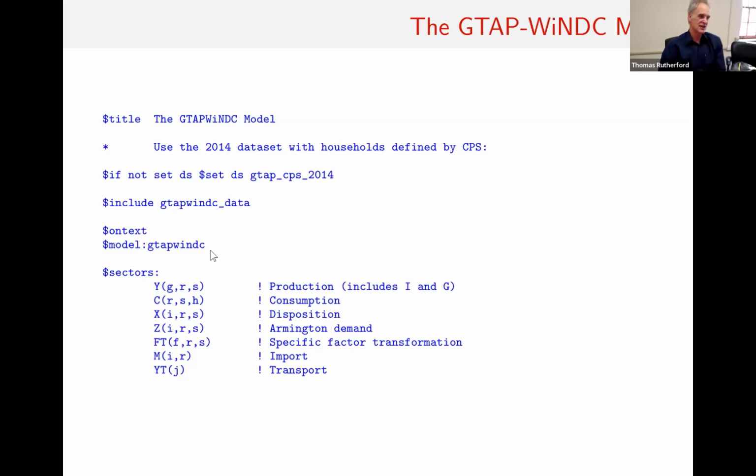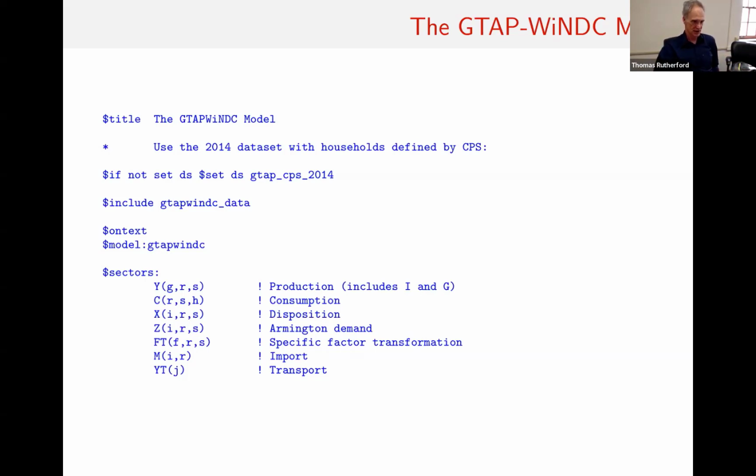Unlike GTAP, which has separate symbols representing private expenditure and investment and government and public expenditure, I just roll that into one set G, and then I map preferences as well as the composition of public expenditure, all of that gets mapped onto G.